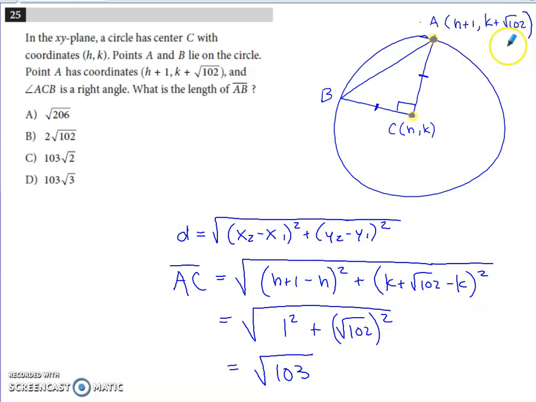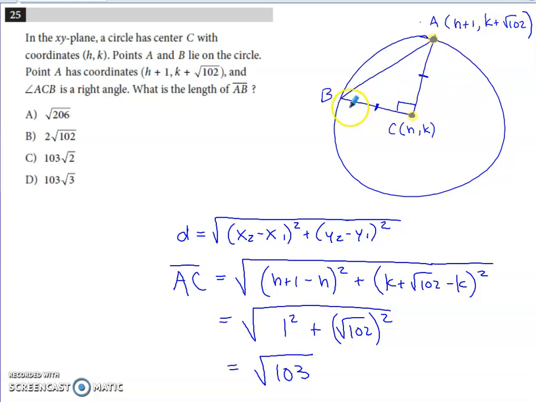Now point B, I don't necessarily know anything about point B other than the fact that it lies on the circle. But I also know that if I draw an angle starting at point A, connecting to point C, and then ending at point B, I get a right angle. So I could have that right angle looking like I have it drawn in my circle here, or I could have it going in this direction.